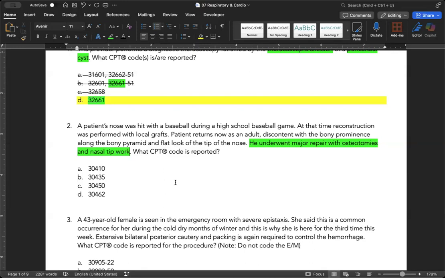And then we can deduce from everything that we've got here that he had reconstruction done years ago and he is not happy with it. So they're redoing it. So that's going to be your secondary, right? So he's returning now as an adult. So this is going to be secondary. So we need to go to 30430 through 30450.